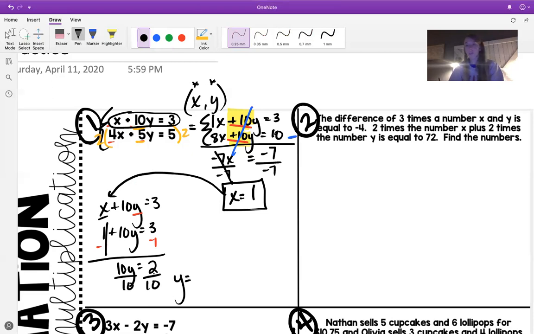Y equals, a lot of you are going to want to say 5, but that would be if it was 10 divided by 2, but this is 2 divided by 10, so it's actually 1/5. All right, so the solution is 1 and then 1/5 for our y.